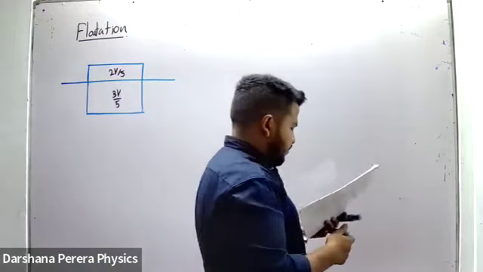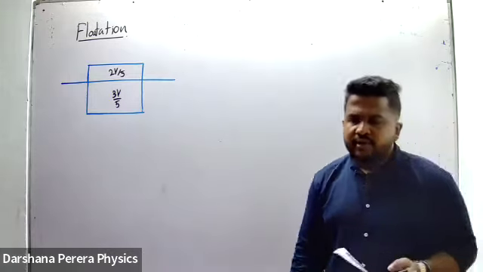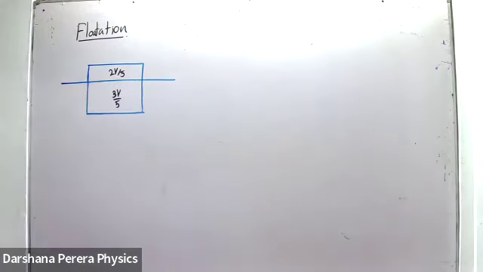Number two, if an object floats on a liquid which has density rho equals 800 kg m^-3, find the volume ratio of the object which is submerged. There are two problems.